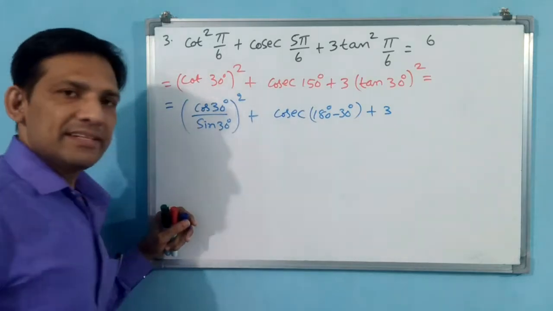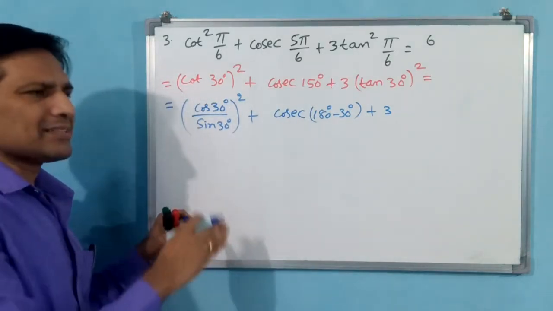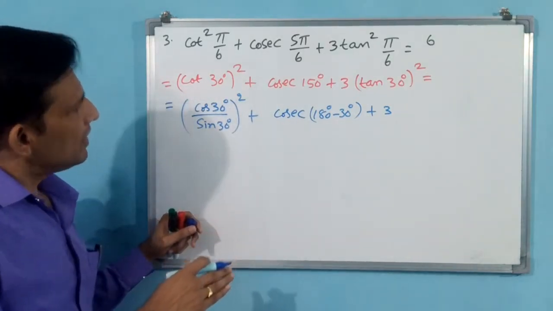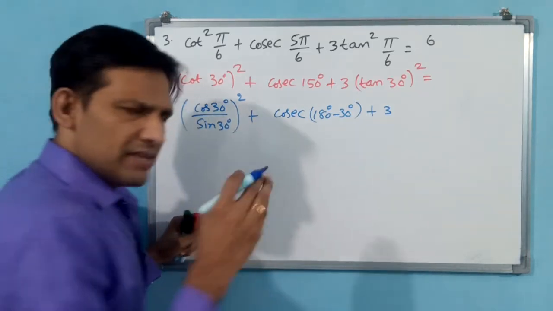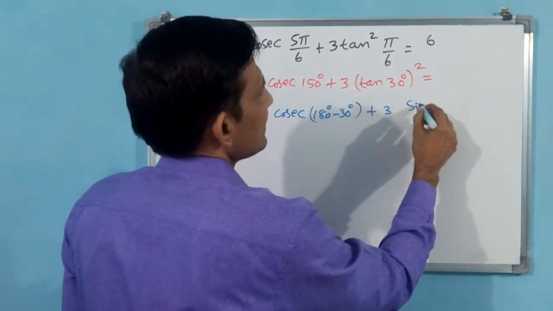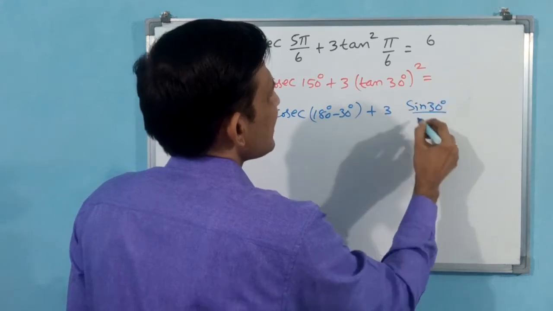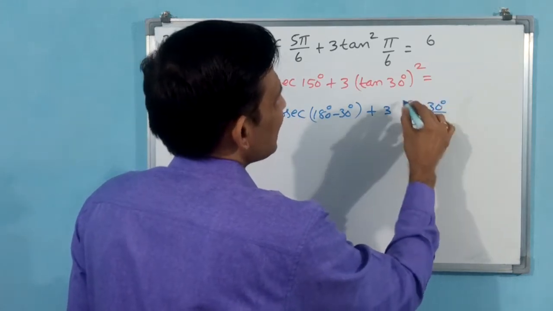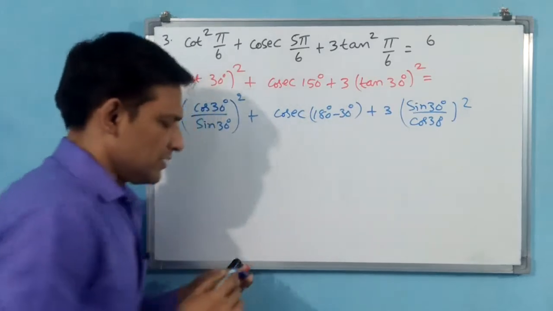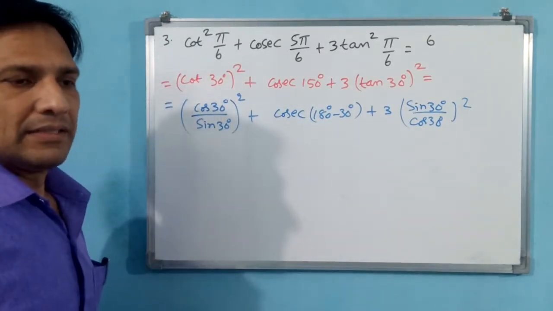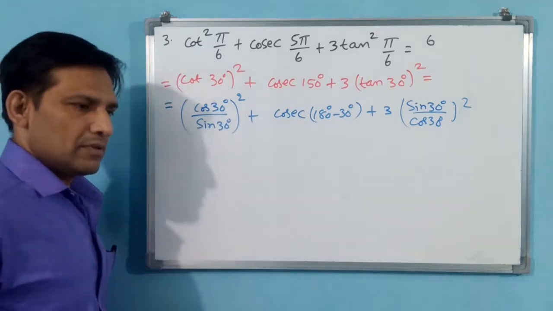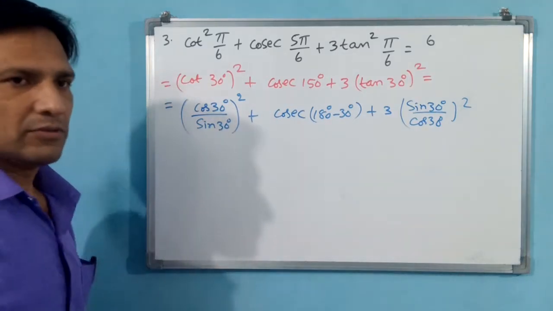Plus 3 tan 30, how much? Tan 30 we know is 1 by root 3. Cot 30 is 1 by tan 30. But even then I am writing sin 30 by cos 30. You have to learn these values by heart, up to tan and cot.